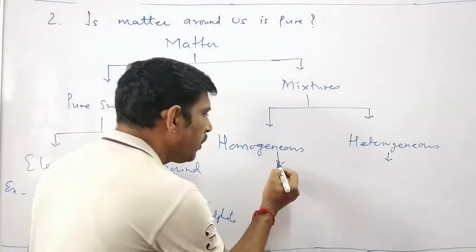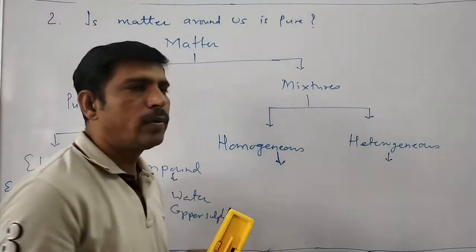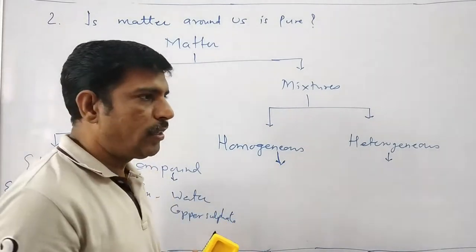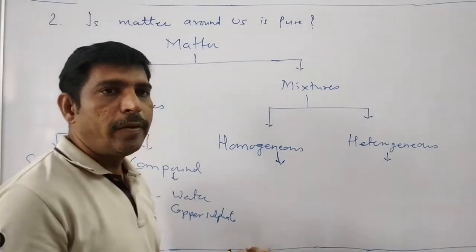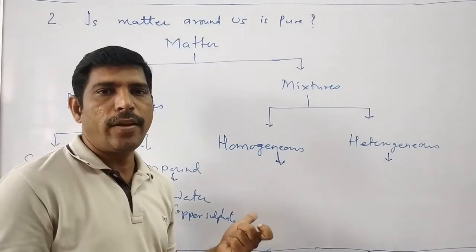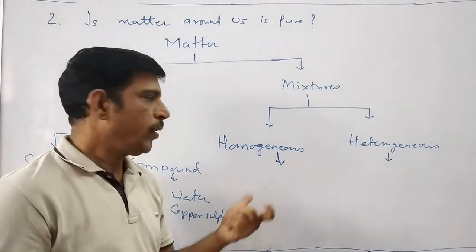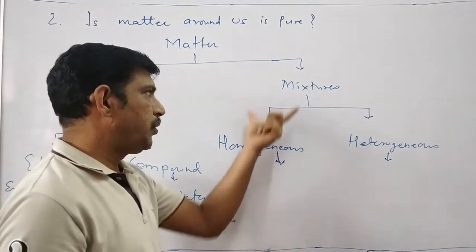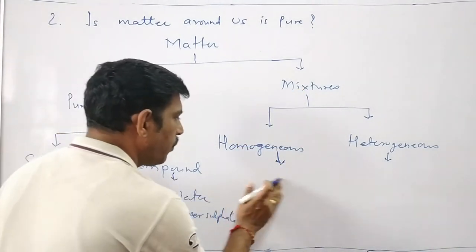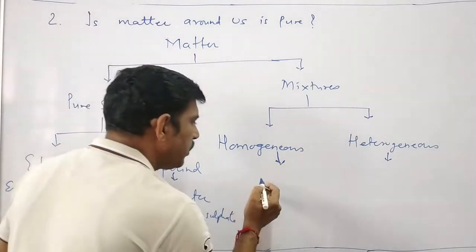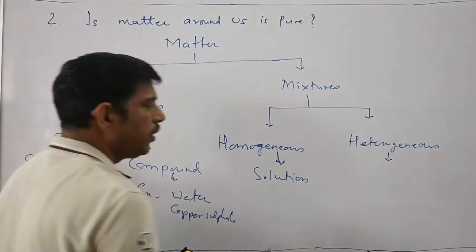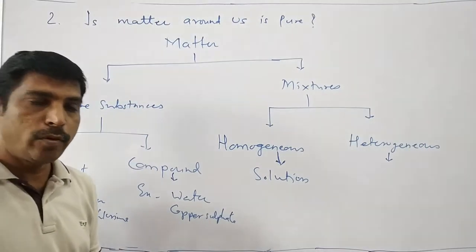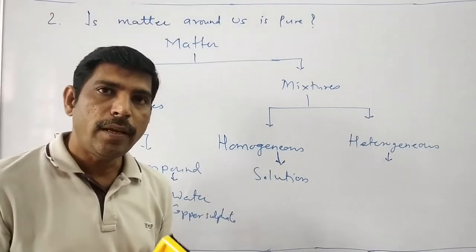That means if the two components in a mixture completely dissolve and mix together, and we get a single phase, a single state of matter, then it is called a homogeneous mixture. This homogeneous mixture is called a solution. The solution may be liquid, gas, or solid.